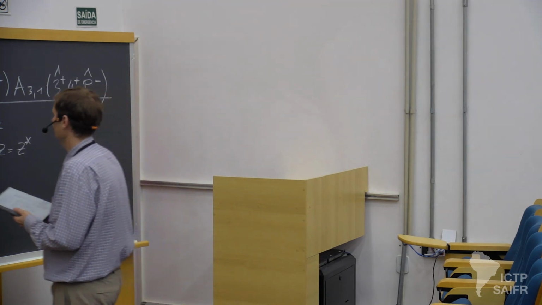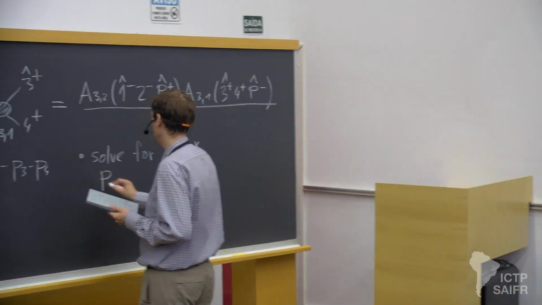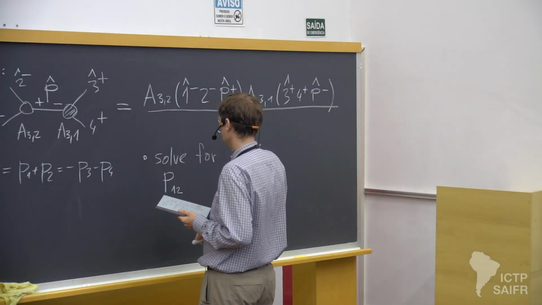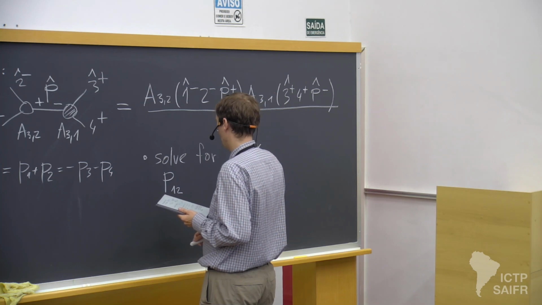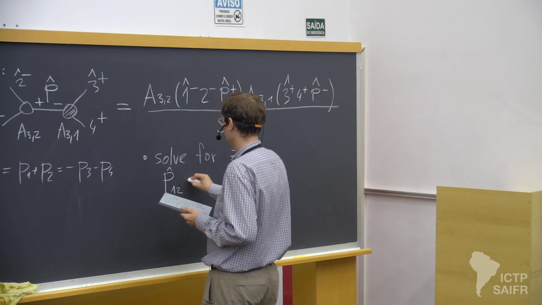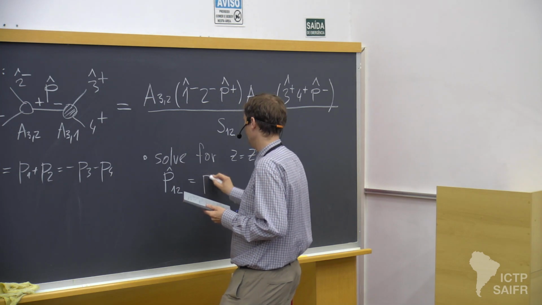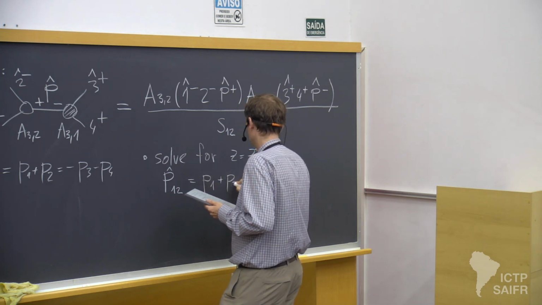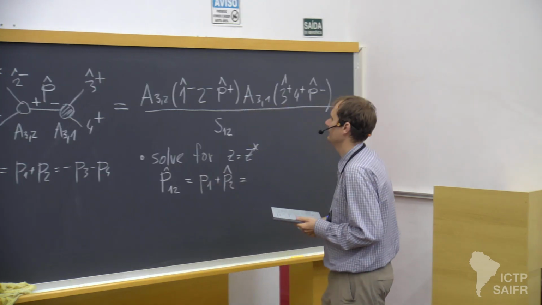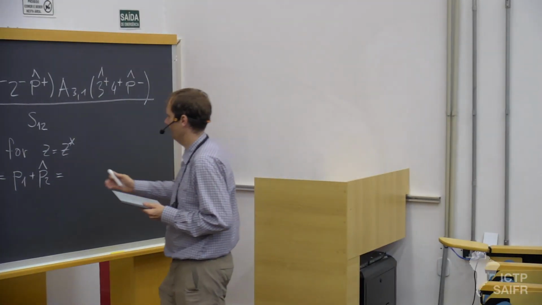The instruction is to build momentum P12 hat, which is equal to P1 plus P2 hat. And the square of that is 0.